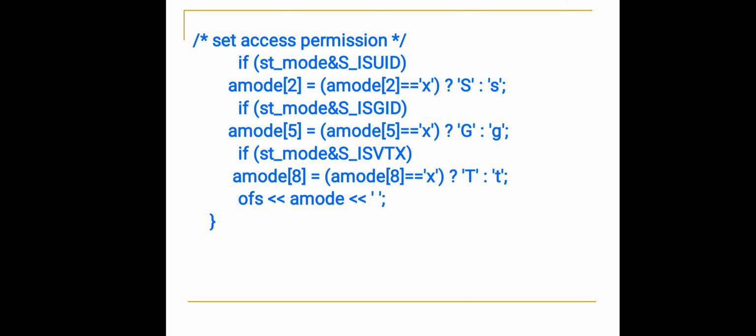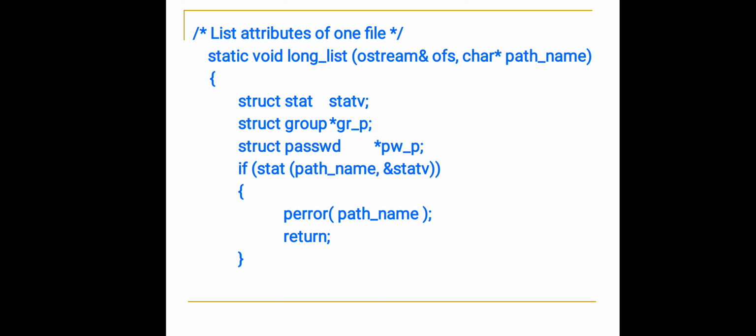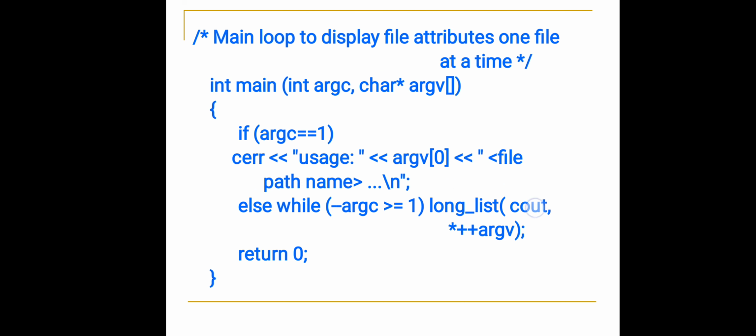Set access permission: if st_mode & S_ISUID, amode[2] = 's'; if st_mode & S_ISGID, amode[5] = 's'. Then list attributes of one file. This is a program for it.